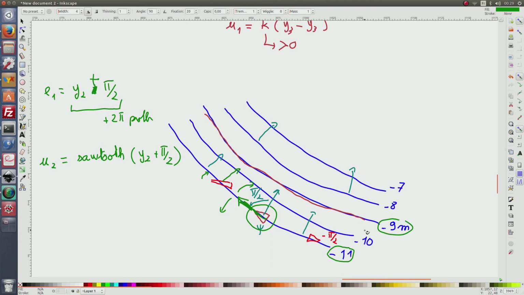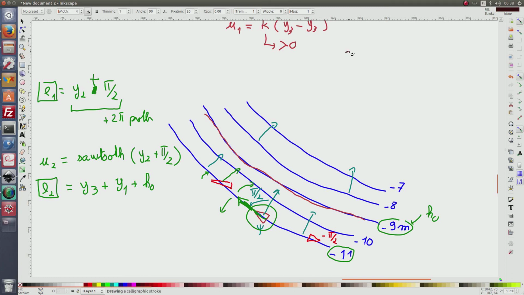So this error, I will call it E2. So I had E1, now E2. This error corresponds to y3 plus y1 plus h0, where h0 corresponds to the one where I want to go.